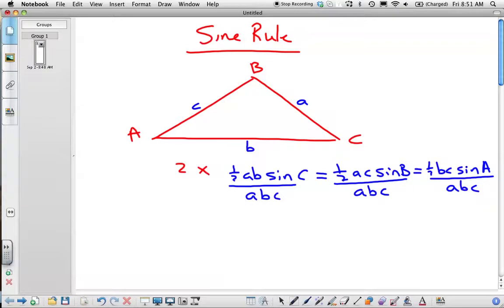The multiplying by 2 cancels out the half. As long as I do it to the whole equation, I can do it.